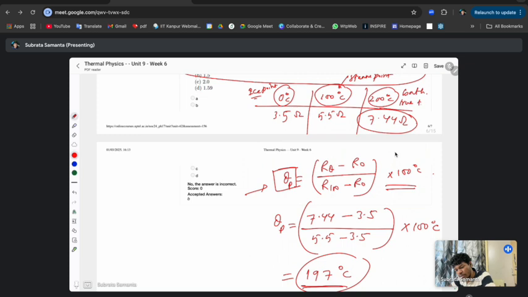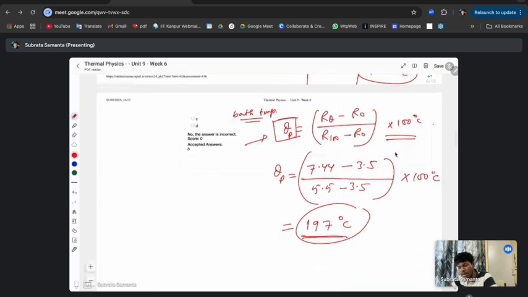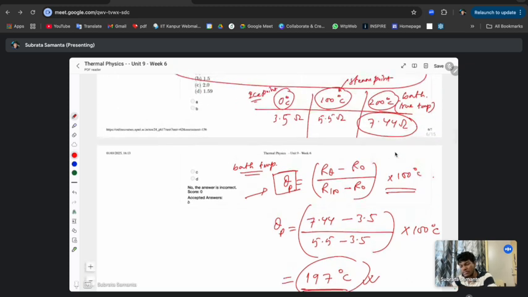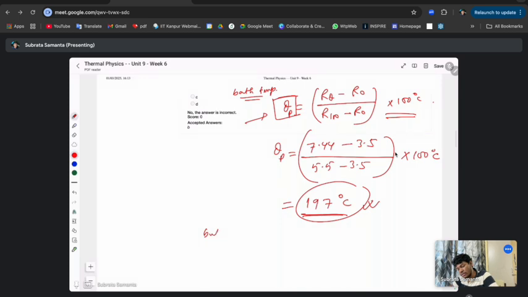This is the true temperature of the bath. But you calculate the bath temperature, so this is your bath temperature. The calculated value is 197 degrees centigrade, and the true temperature is 200 degrees centigrade.